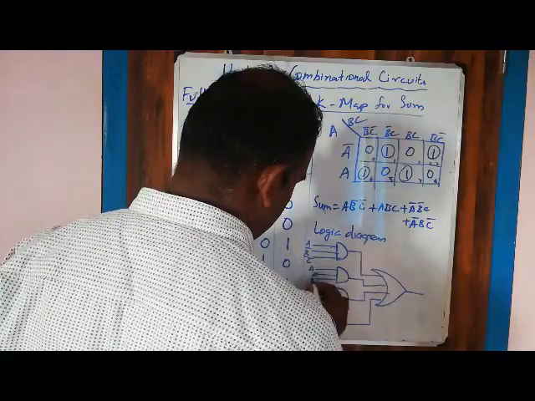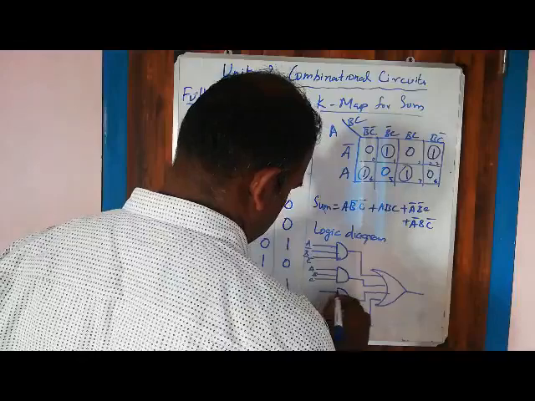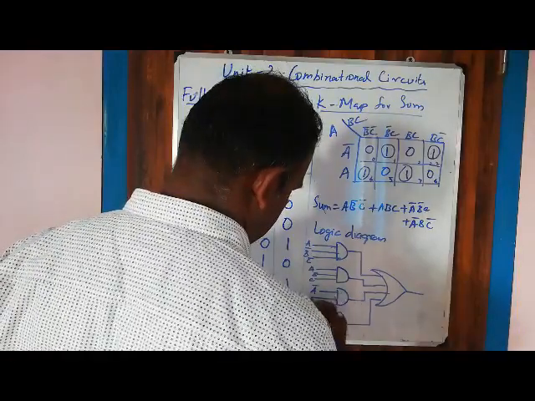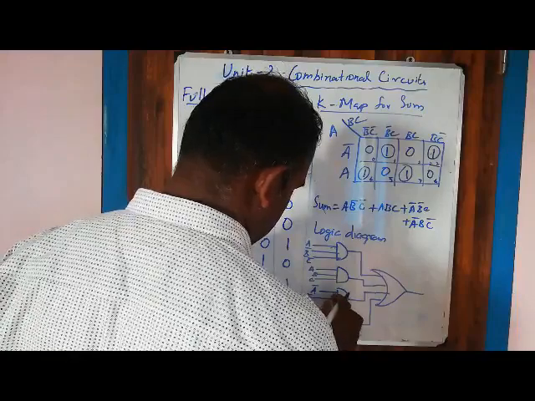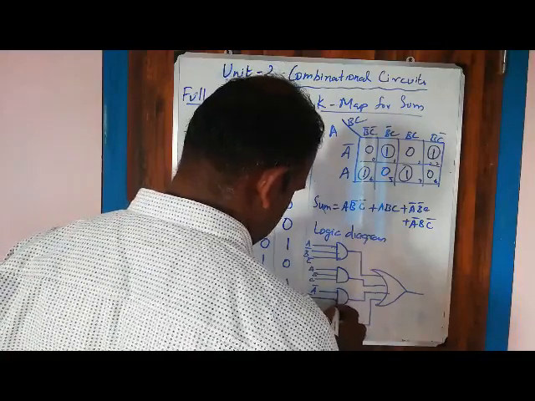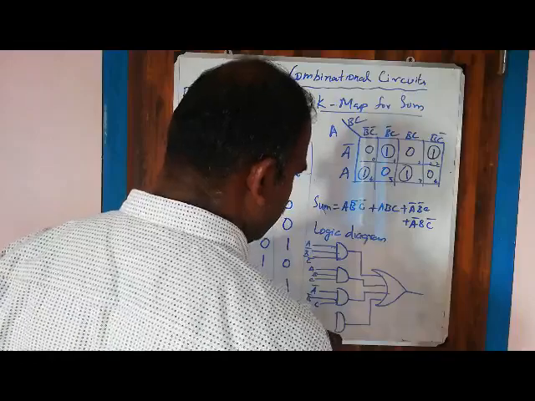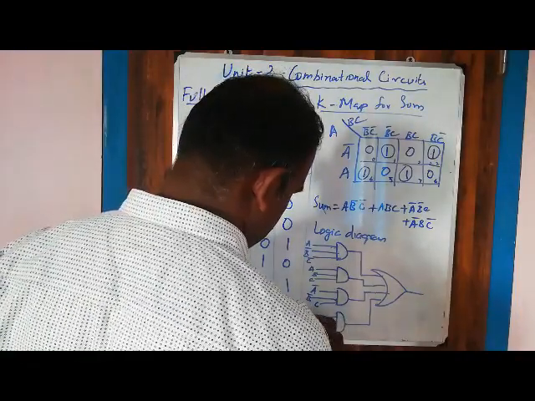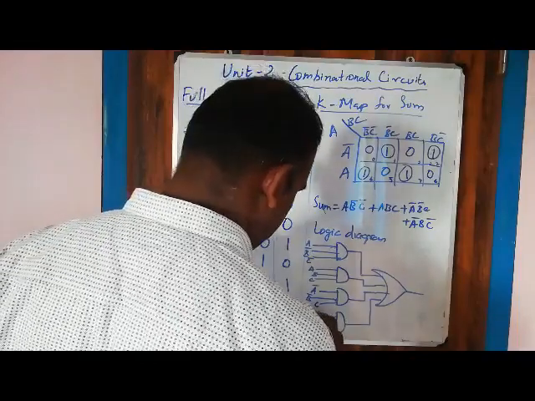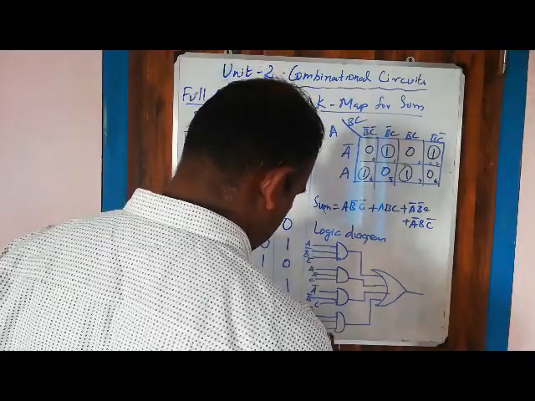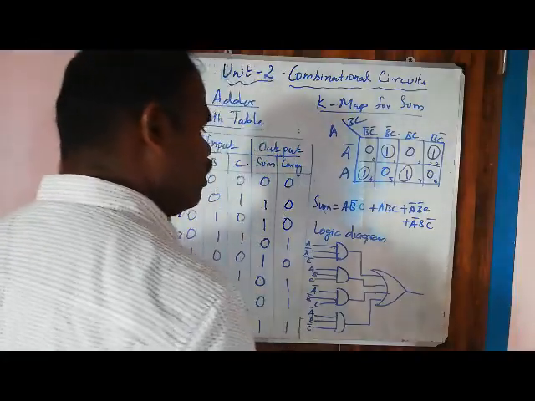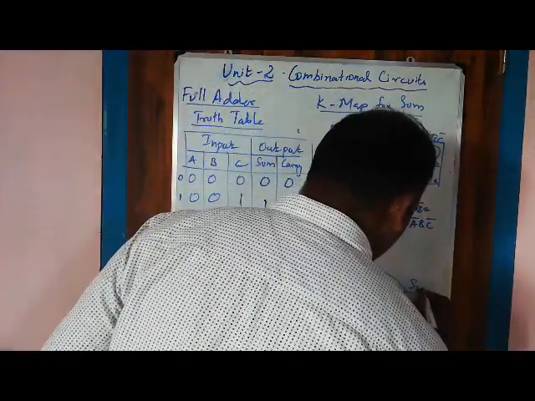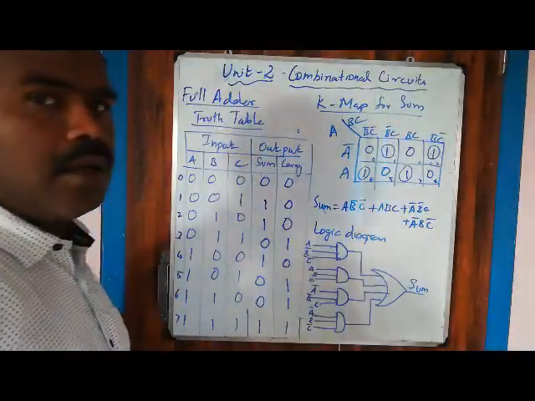Then A, B, C. Then A bar, B bar, C. Then A bar, B, C bar. So this is the logic diagram for sum. Sum is the output.